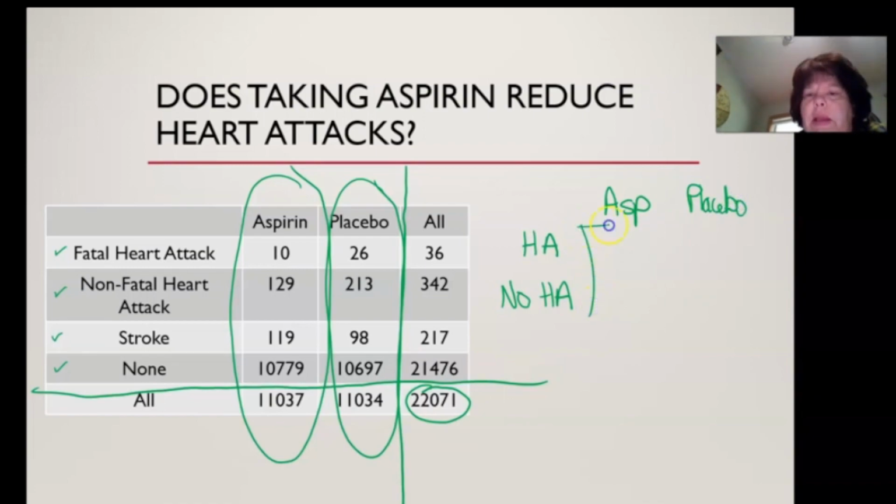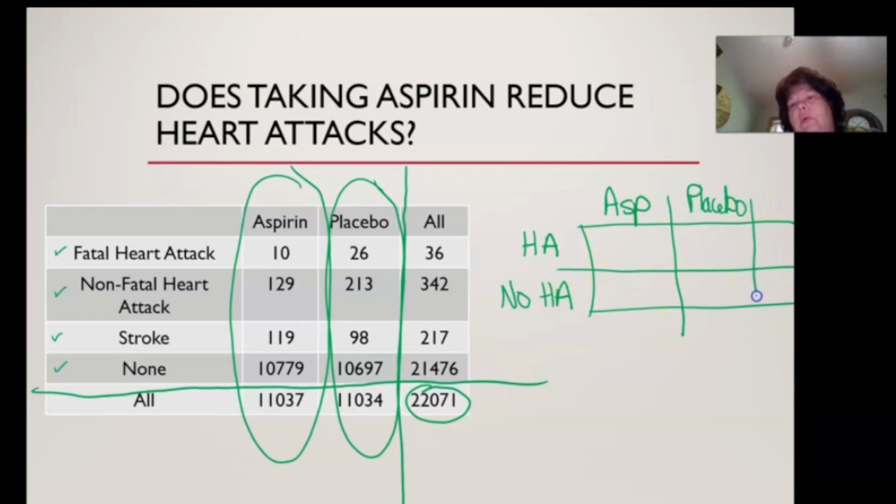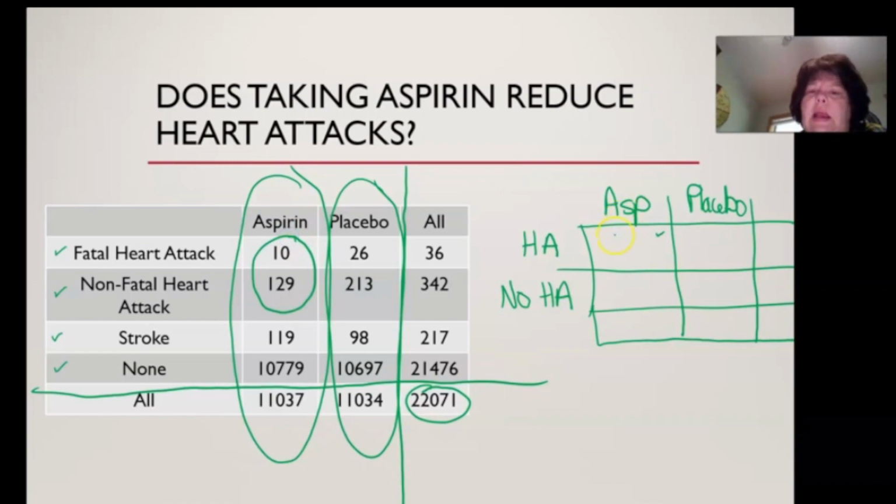So I'm looking over here and I'm wondering how many people took aspirin and had some kind of heart attack, fatal or non-fatal. And you put these 2 together: 10 plus 129 is 139.